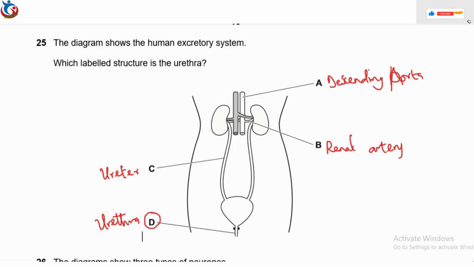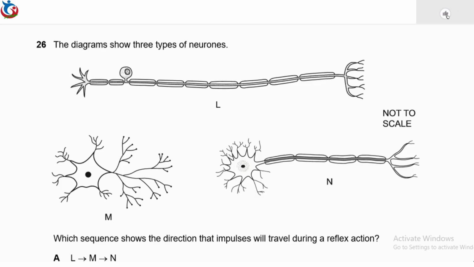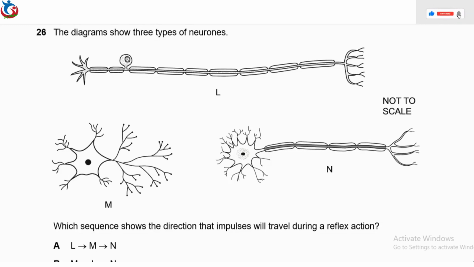Then we'll move to question 26. Question 26 says, the diagram shows three types of neurons. Which sequence shows the direction that impulses will travel during a reflex action? So first of all, let's name these neurons.